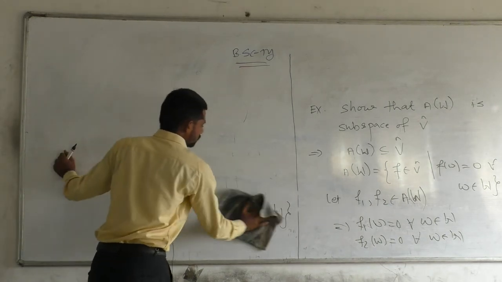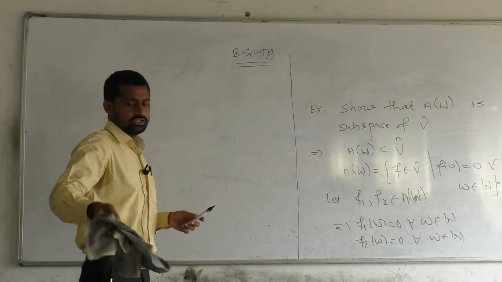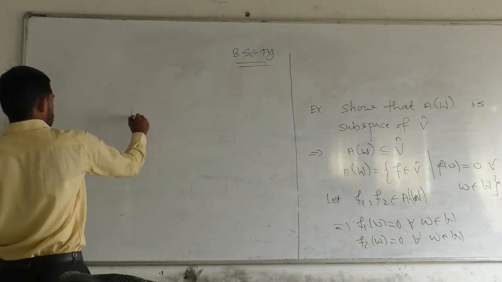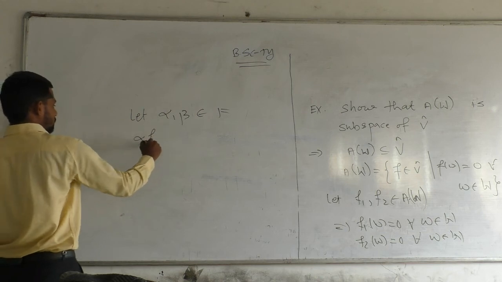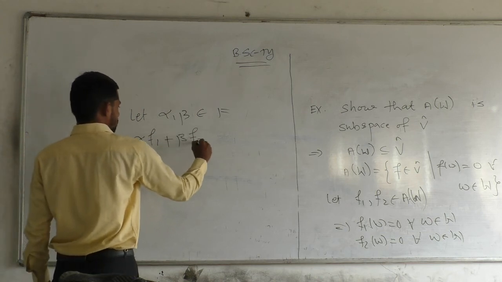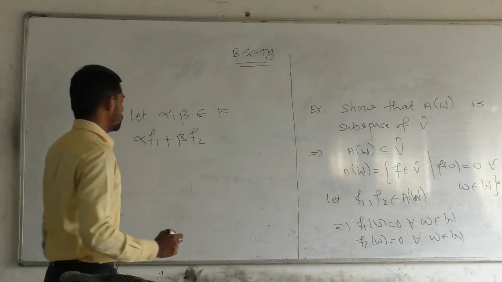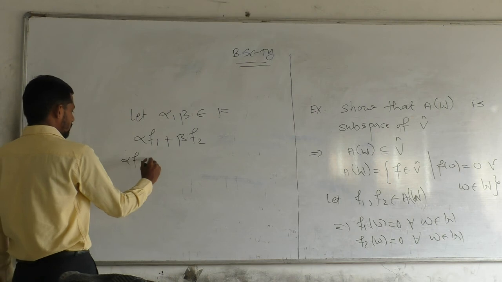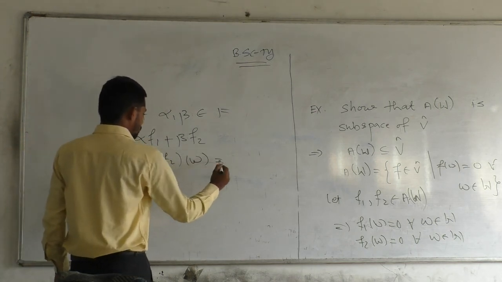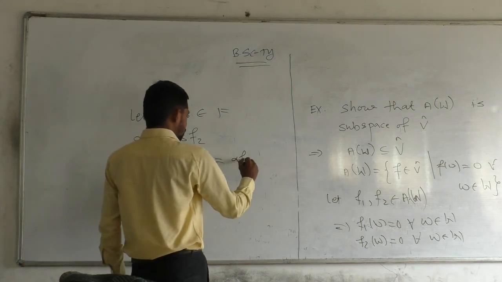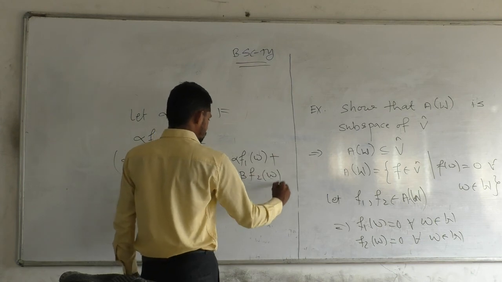You know how we show that any subset of a vector space is a subspace. So this is one condition. Now let alpha, beta belong to the field F and consider the function alpha f1 plus beta f2. If this function goes to A of W, then A of W must be a subspace of V dual. Now consider alpha f1 plus beta f2 of w, which is nothing but alpha f1 of w plus beta f2 of w.